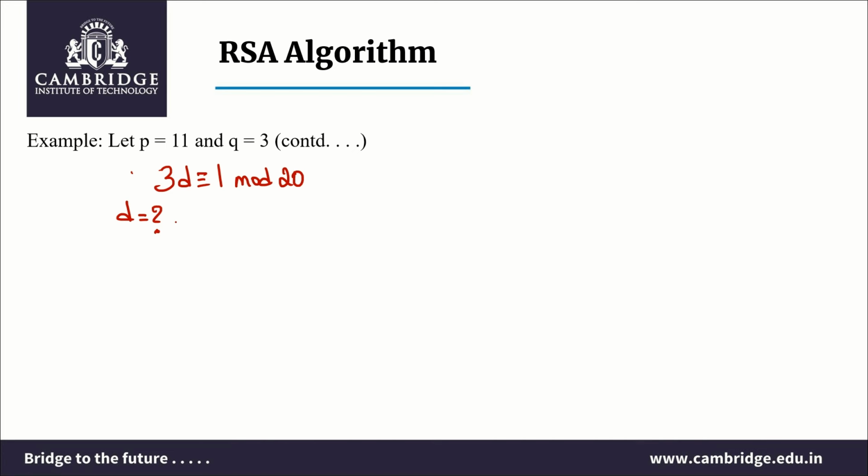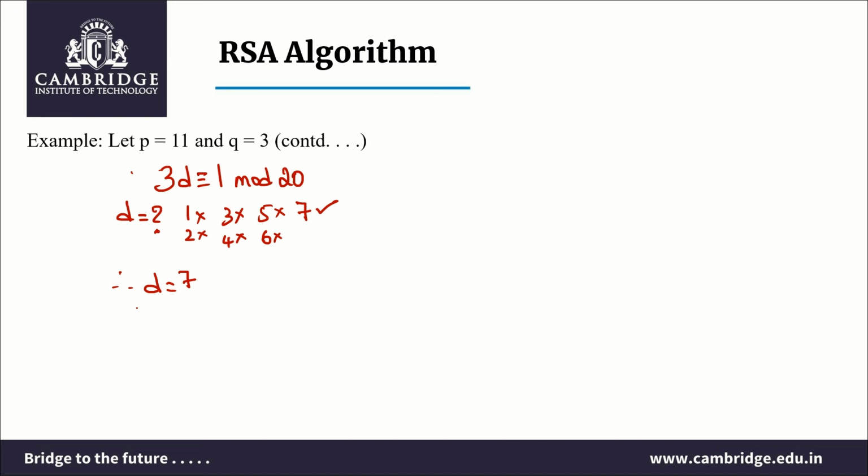So I try 1, not possible, 2 not possible, 3, 4, 5, 6 not possible, 7, yes, 7 is possible. Therefore, the value of d is 7.